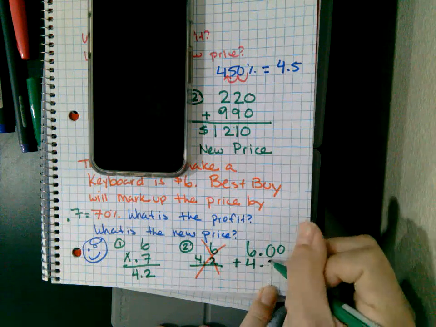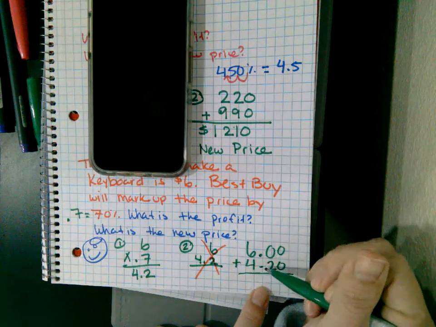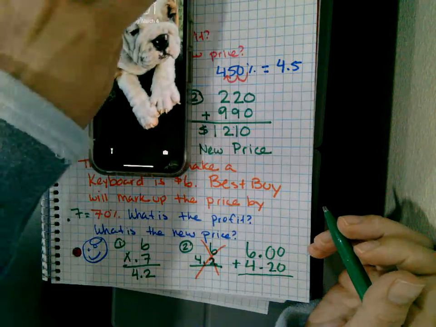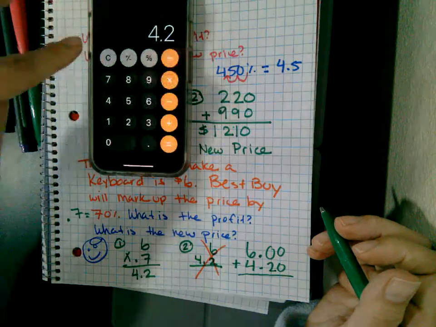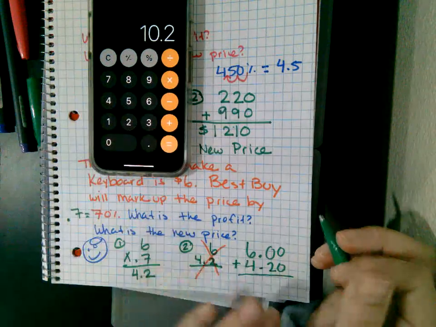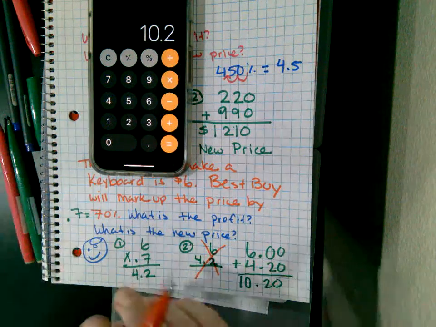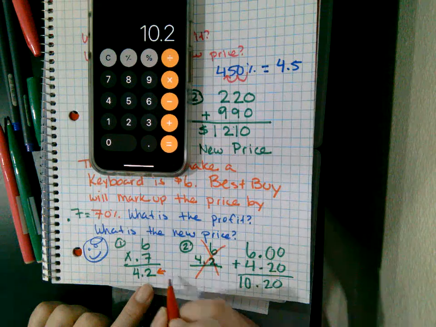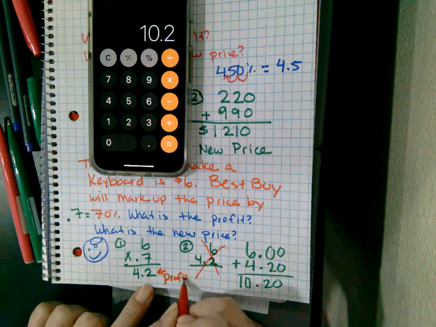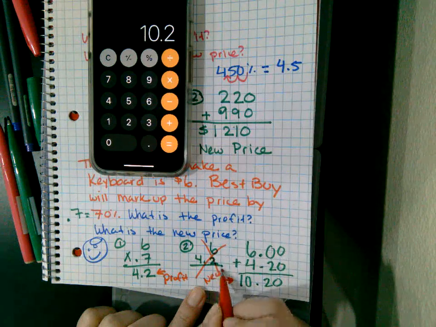When you add or when you subtract, you got to make sure that these decimals are nice and pretty and lined up. All right, then you use your calculator, or you can just do it old school, and you get 10.20. So the $4.20, that's called your profit, and then this is called the new price.